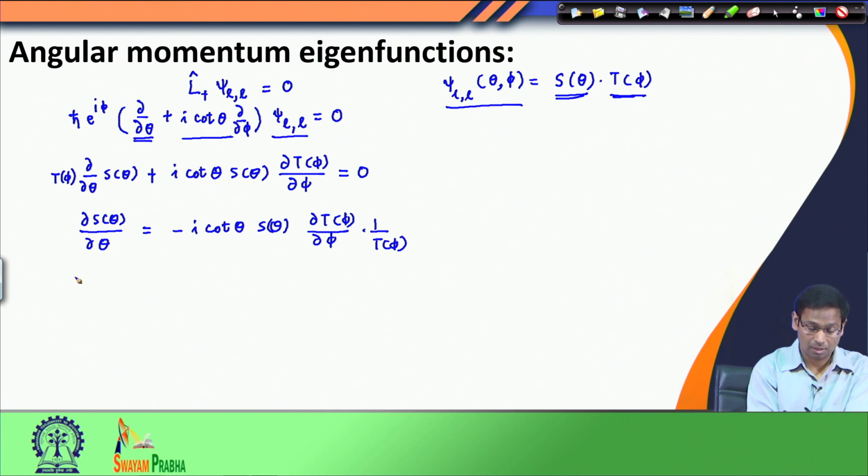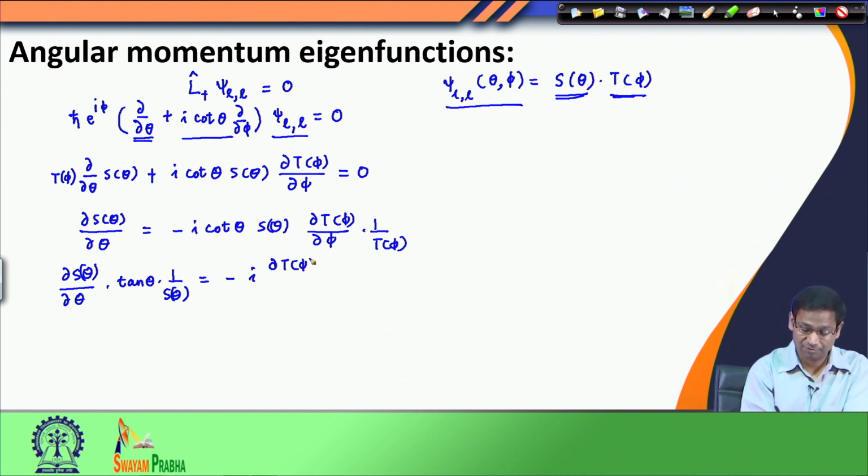Now, I would bring this theta related term to the left hand side. So, cot theta, when it comes to the left hand side, I have tan theta, 1 over s of theta, equals minus i dt of phi by d phi, 1 over t of phi.